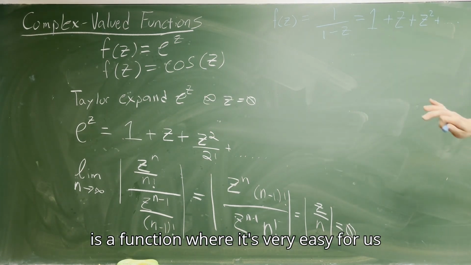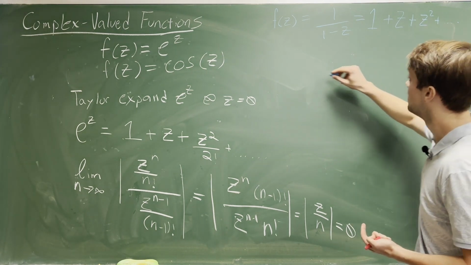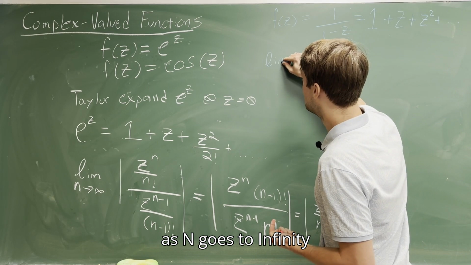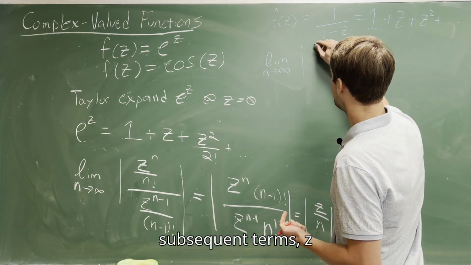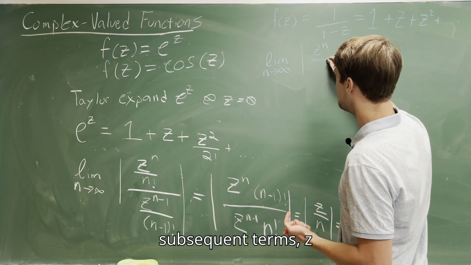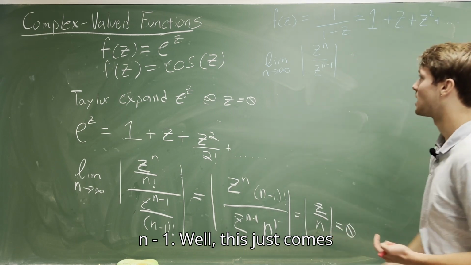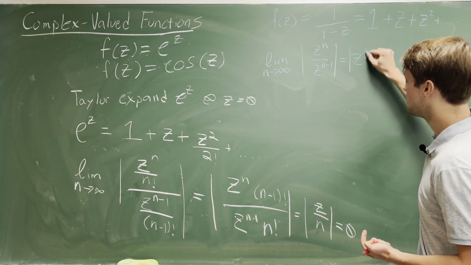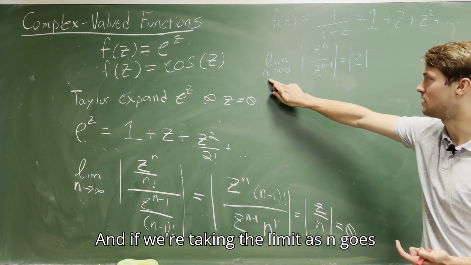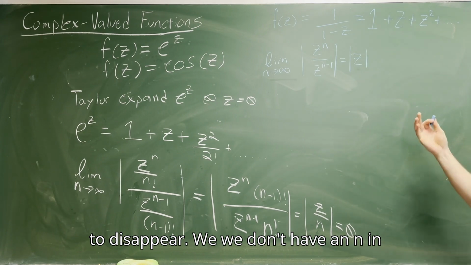So again, this is a function where it's very easy for us to do the ratio test, right? The limit as n goes to infinity of the absolute value of two subsequent terms, z to the n over z to the n minus 1, well, this just comes out to z. And if we're taking the limit as n goes to infinity, well, the limit's just going to disappear.